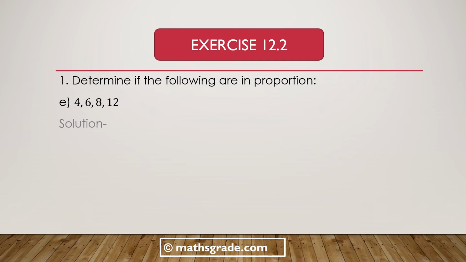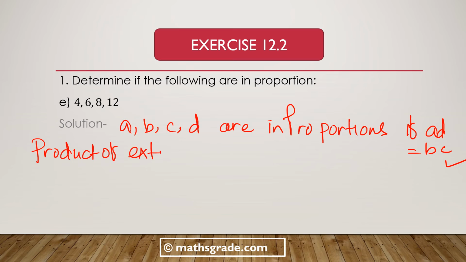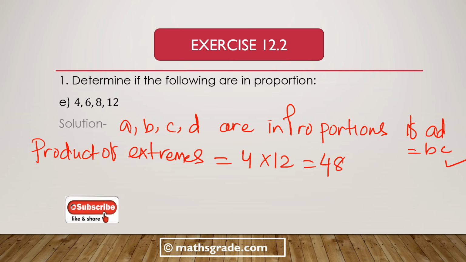These numbers are in proportion or not, we have to check. 4, 6, 8 and 12. A, B, C, D are in proportion if A by B equals C by D. Product of extremes is 4 multiplied by 12, that is 48.